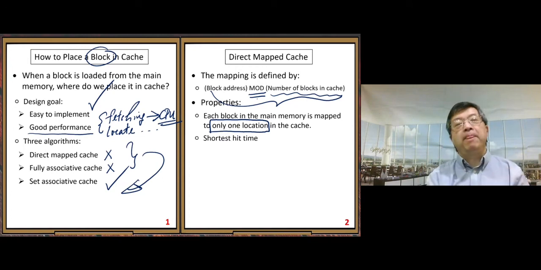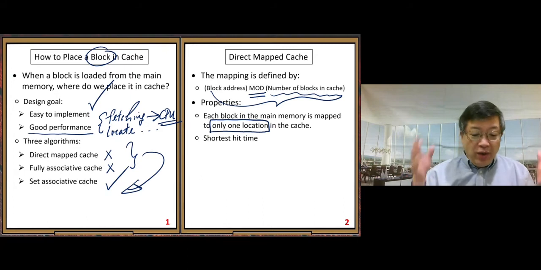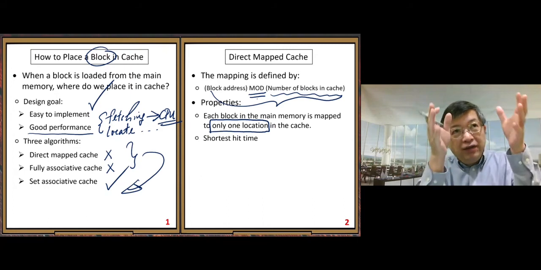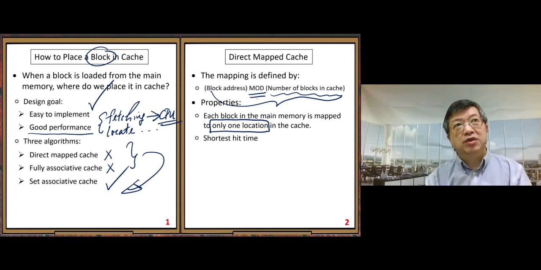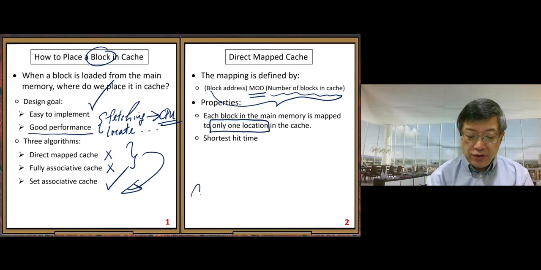Short hit time. Later, when we need to find this block using its address, because we will have the address, we will use the original memory address to find the block.